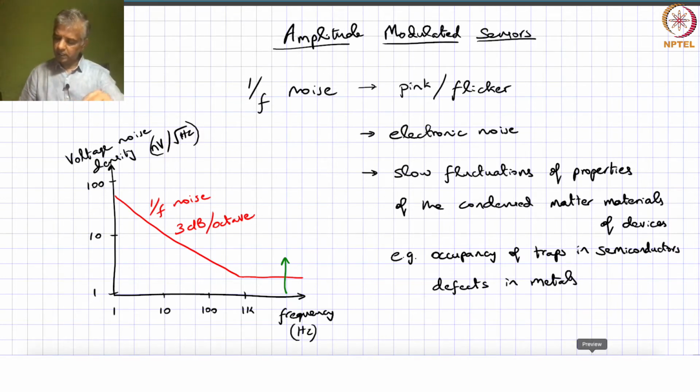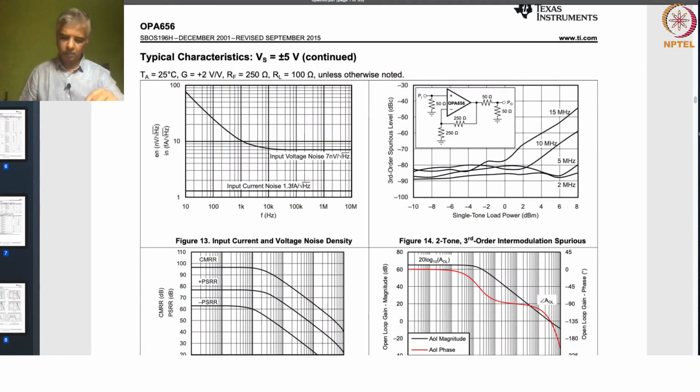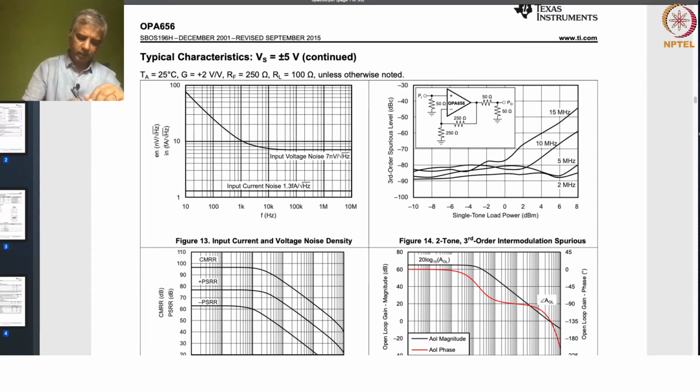So let's just take one of the examples that we have considered, typically this OPA 656, right? So, oops. I was trying to get to that particular opening page, but it doesn't matter.